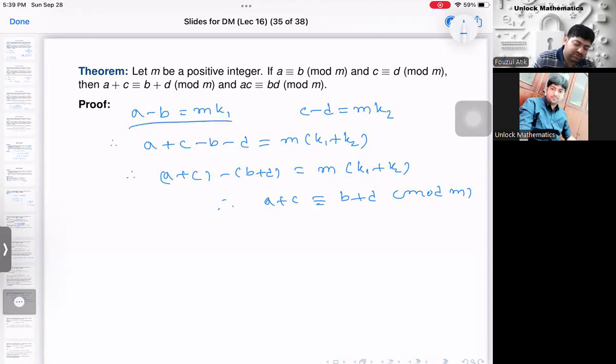Like these two equations, you just multiply them. So you will write AC minus BC minus AD plus BD is equal to m square times k1 k2. Now what to do?